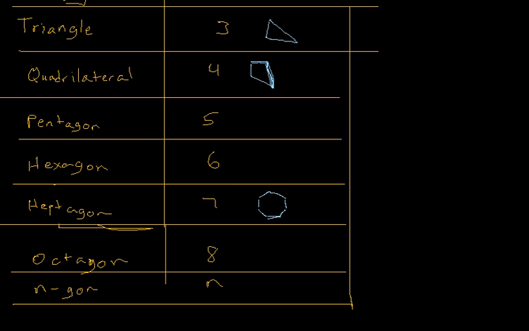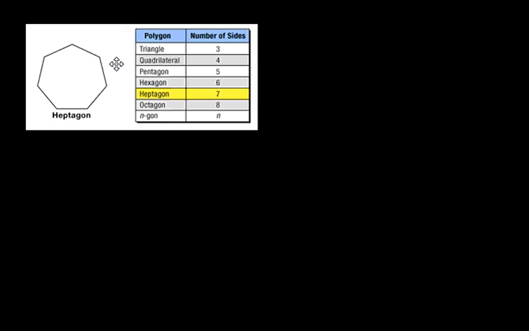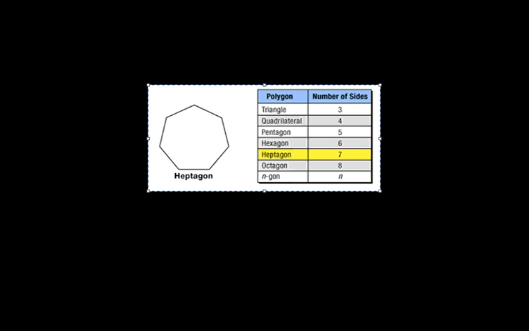So let's take what you know about triangles and apply it to this heptagon problem. I'm going to take this heptagon and draw as many triangles as I can from one vertex within it.